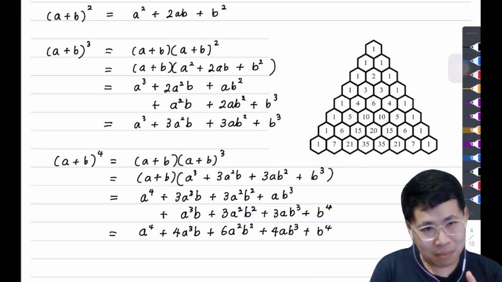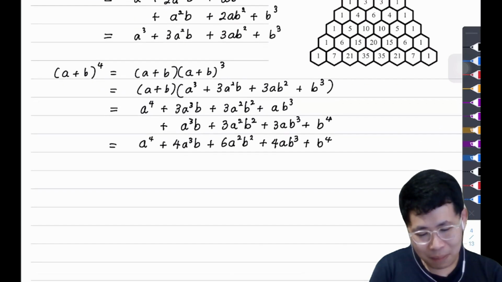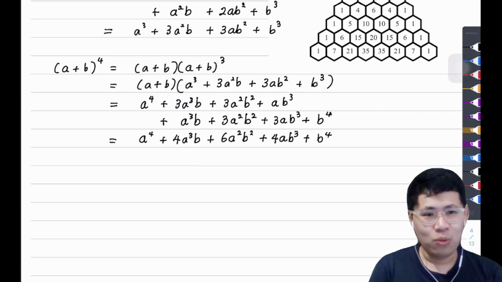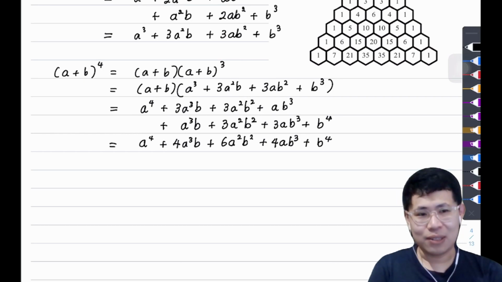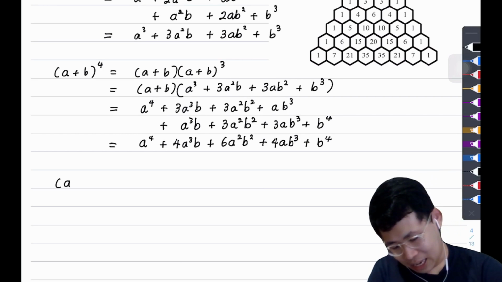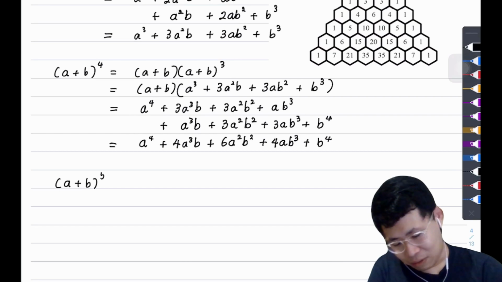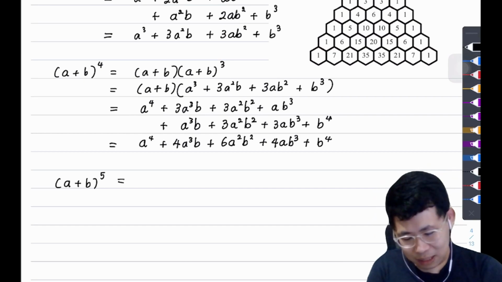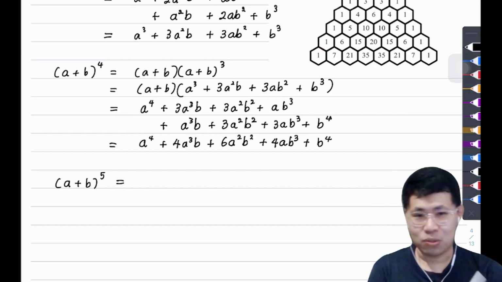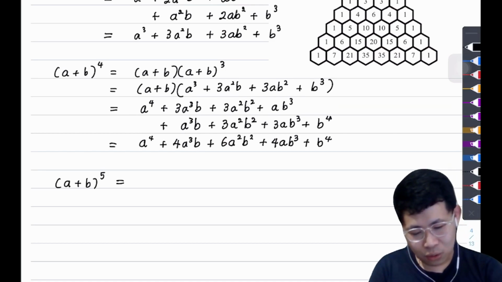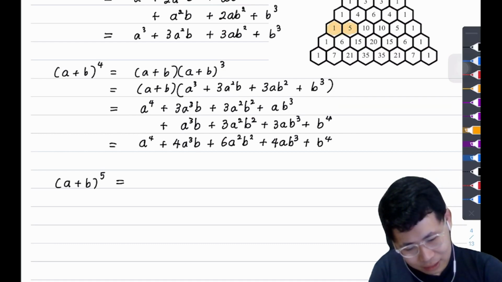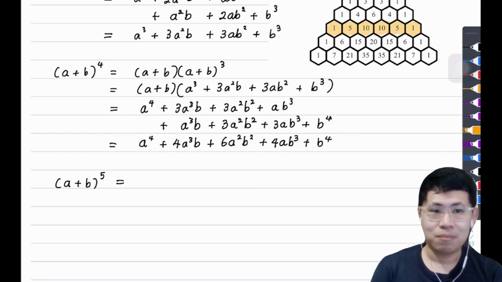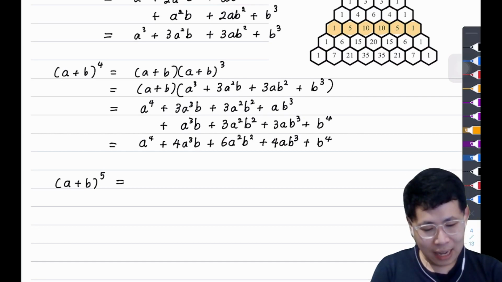Okay, so with this in mind, let us explore how we make it easy to expand a plus b to the power of 5, right? We don't have to do everything from scratch. Let us go directly from this. I will just highlight the numbers that we'll be using: 1, 5, 10, 10, 5, 1. And let us try to expand and see how it goes.